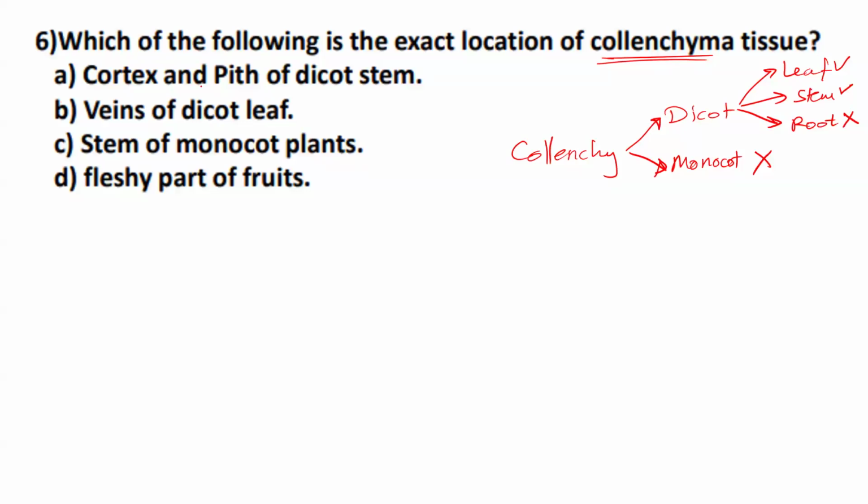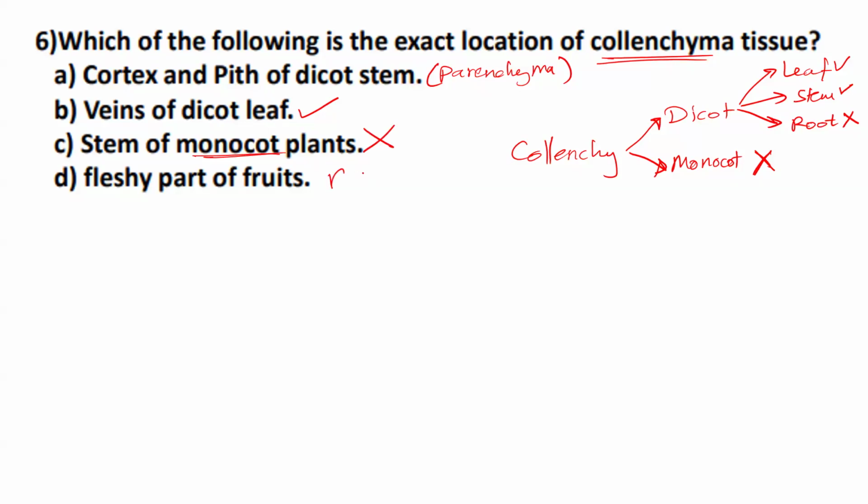So when you look at the answers, cortex and pith of dicot stem, that is parenchyma location. Veins of dicot leaf, yes, correct. Stem of monocot plant: plants do not have collenchyma in the monocot stem. Whether it is the stem or leaf or whatever, it doesn't have collenchyma. So C is wrong.